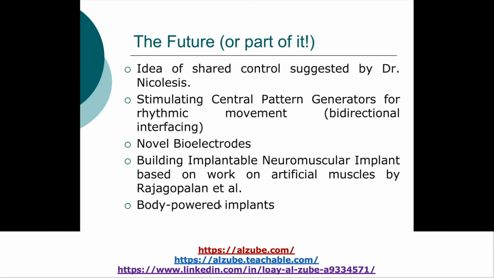So the challenge of having reliable power supplies. We're trying to use the body to power the implants. So you can use, for example, body movement, especially vibrations, to charge batteries inside the body. And there are a lot of ways to do this, but I'm not going to go into it. But this is part of the future that we're hoping that we can develop.